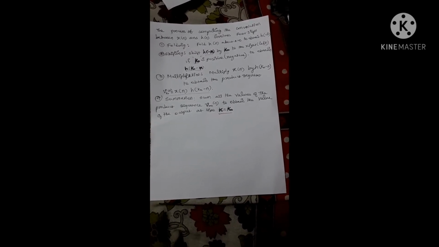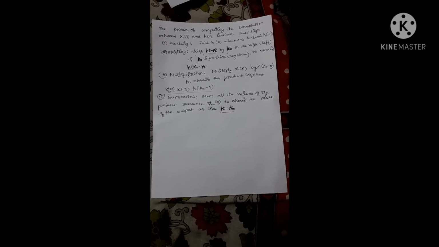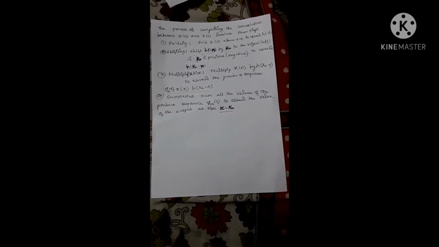Each time, h of minus n, h of 1 minus n, h of 2 minus n, h of 3 minus n is multiplied with x of n. Summing all the values together, we get the total convolution. In linear convolution, y of n equal to x of n convolved with h of n.